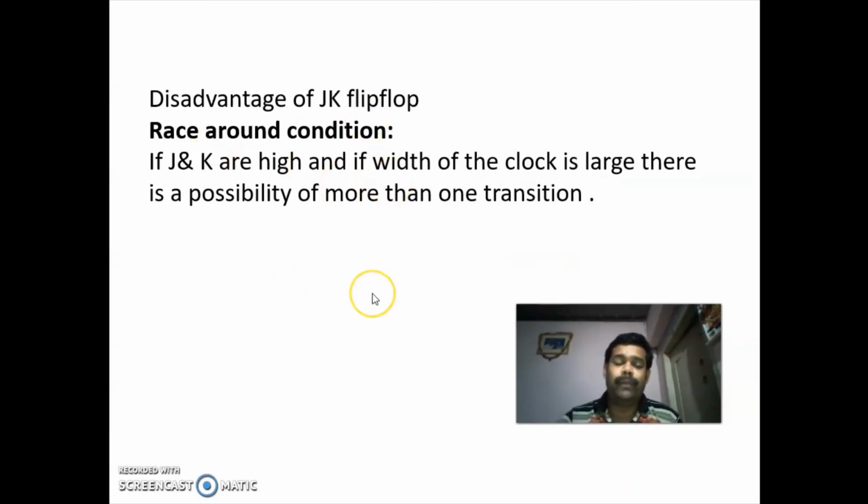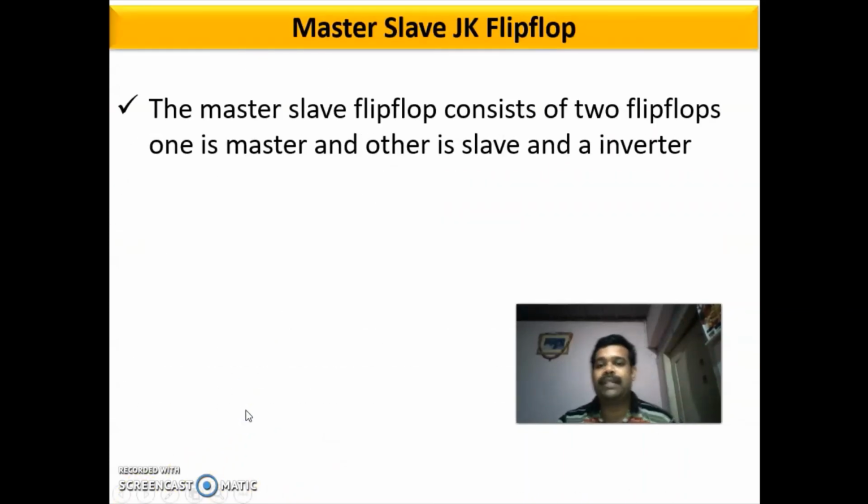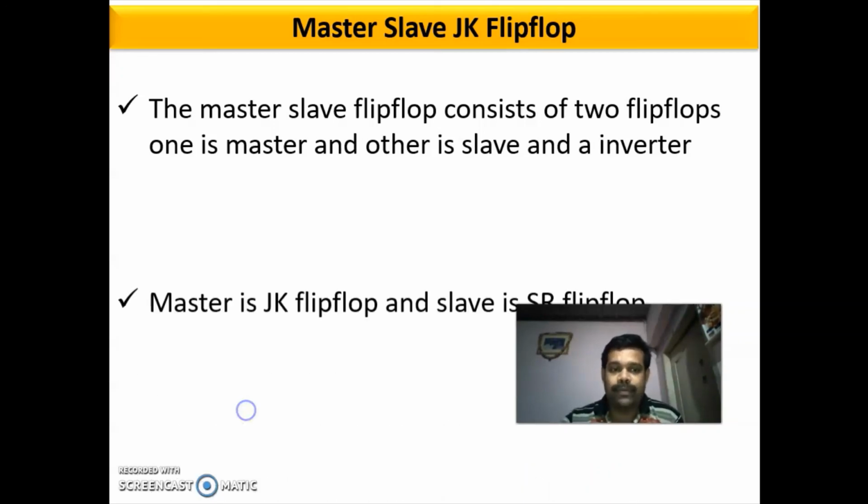In order to overcome this disadvantage, we go for the master slave flip-flop. The master slave flip-flop consists of two flip-flops, one master and the other slave, and we have an inverter. This inverter inverts the clock to the slave.